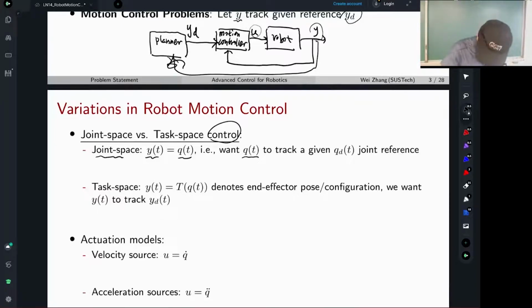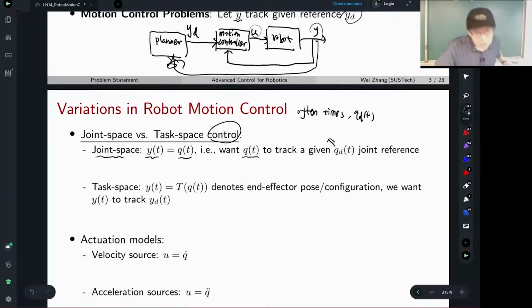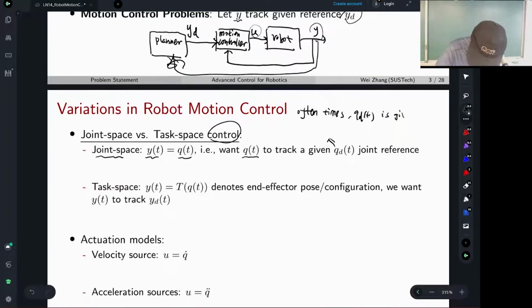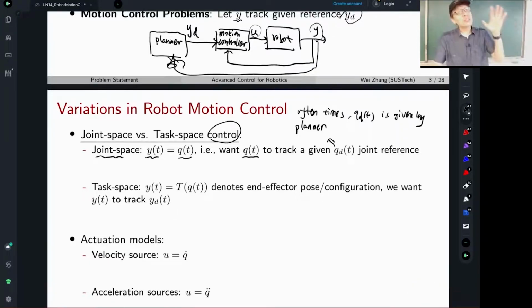Oftentimes, this QD, the desired joint reference, is given by the planner. Whoever determines this Y, QD, we call that planner for now.